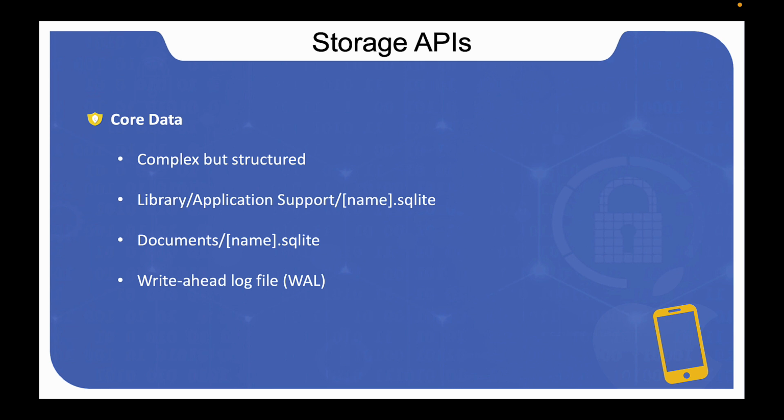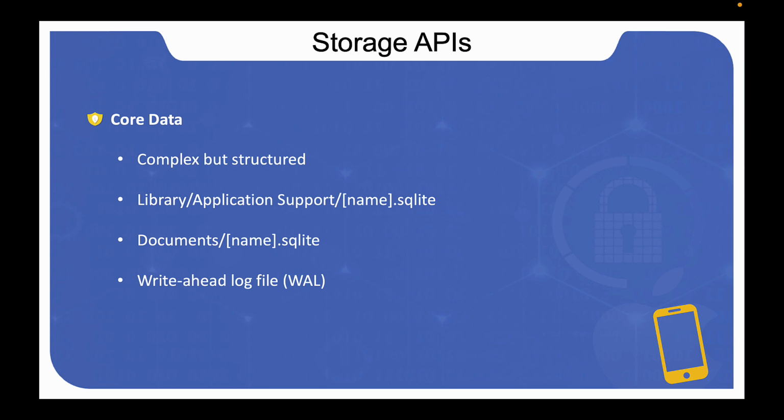The second storage type is Core Data, which stores a set of complex but structured data. It uses the SQLite database, which is the common format for databases used on mobile devices. It's a self-contained file which is portable.